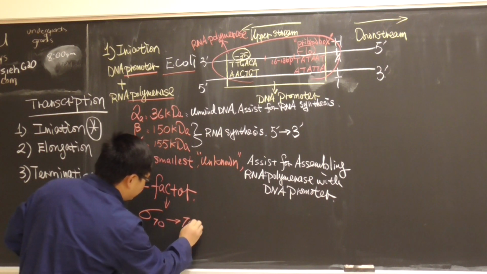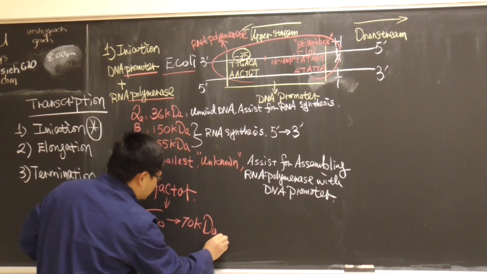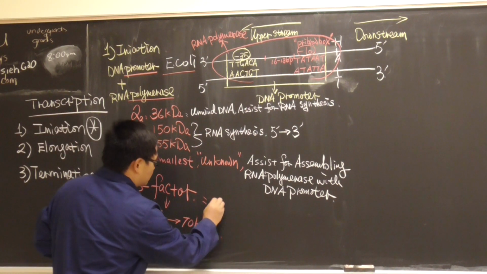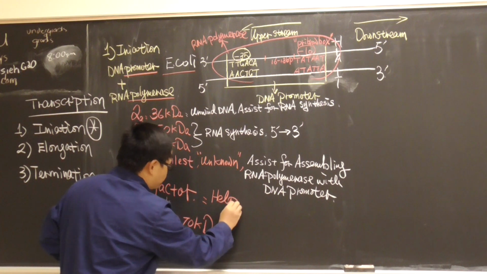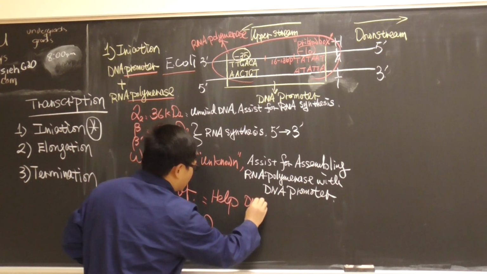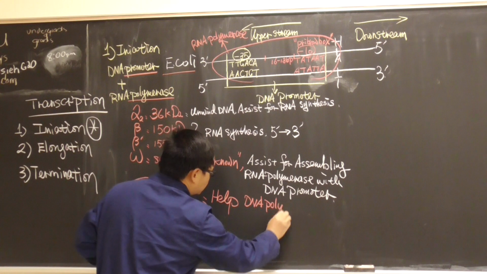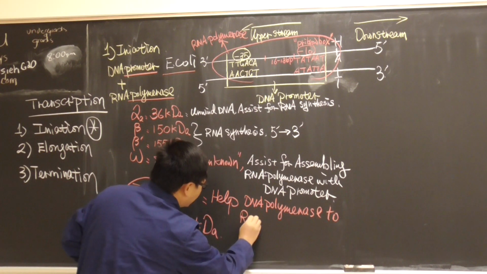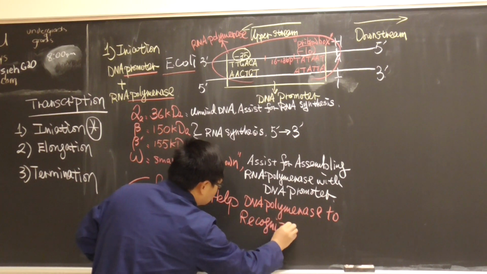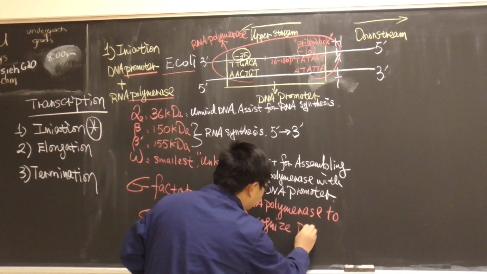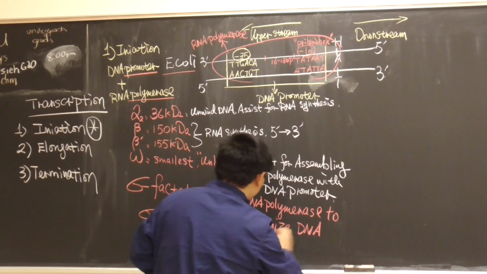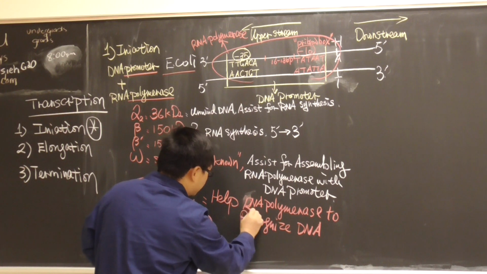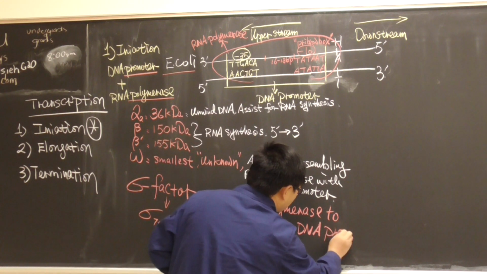Because it's 70,000 daltons. The sigma factor helps the RNA polymerase to recognize the very conserved DNA, to recognize the DNA promoter.